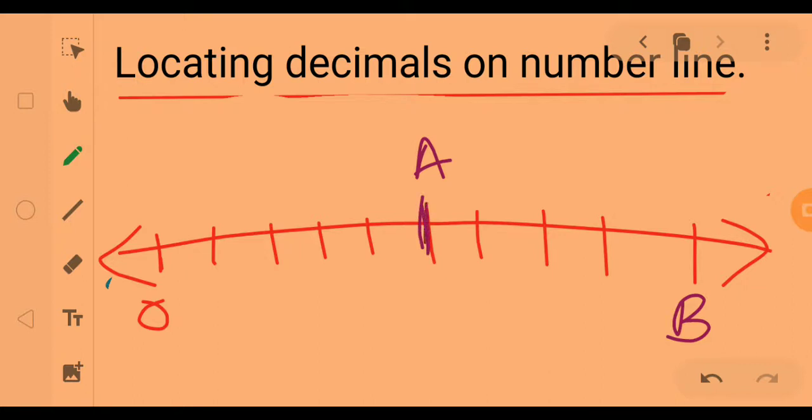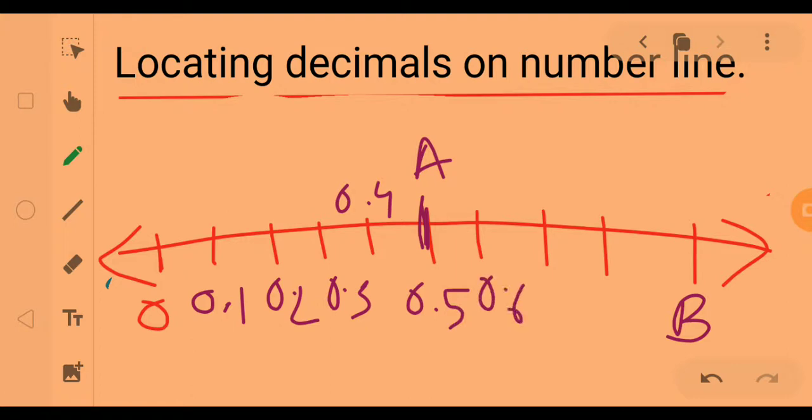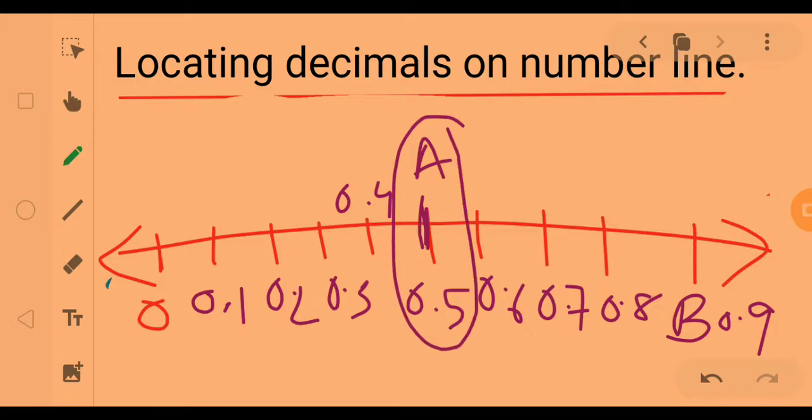How do we find it? The starting point is 0, then we can name 0.1, 0.2, 0.3, next 0.4, then 0.5, 0.6, 0.7, 0.8, and this point will be 0.9. Now, which number is lying at A? It is 0.5, so A is represented as 0.5.